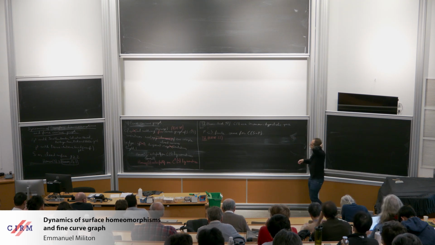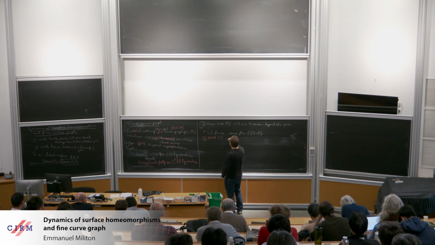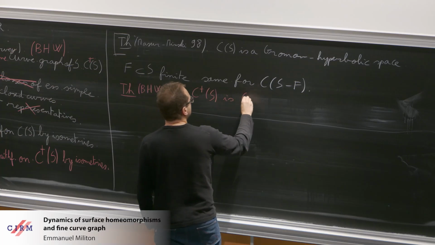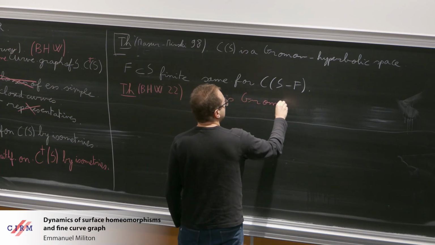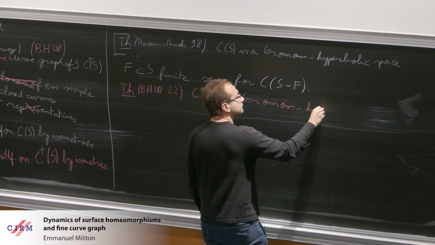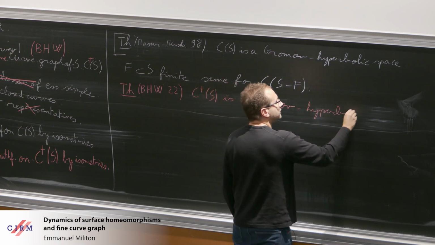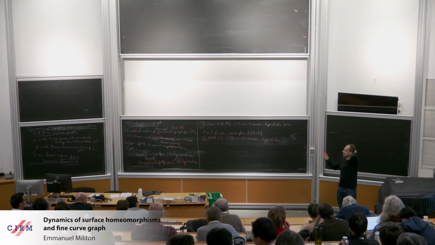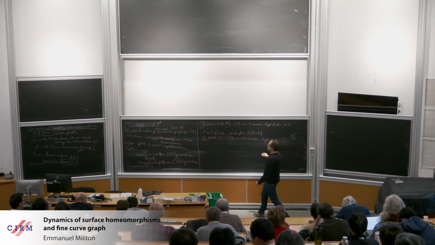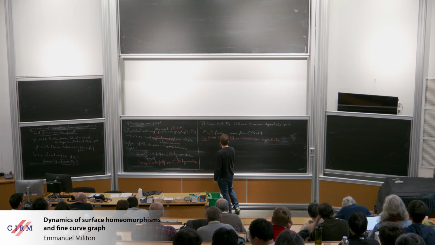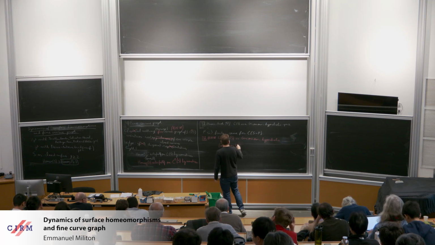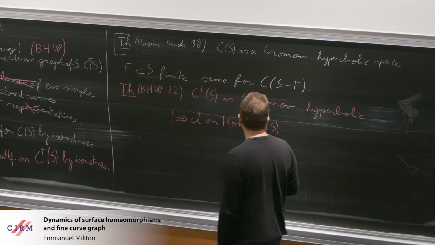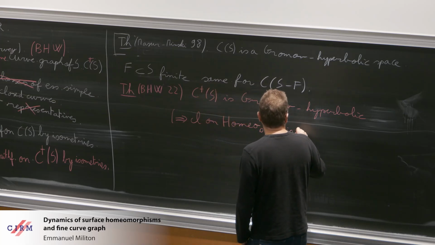They proved that this fine curve graph is Gromov-hyperbolic. And they use this graph, I think it was mentioned in the talk by Vincent Humilière, to prove that the commutator length on the group of homeomorphisms isotopic to the identity of S is unbounded.